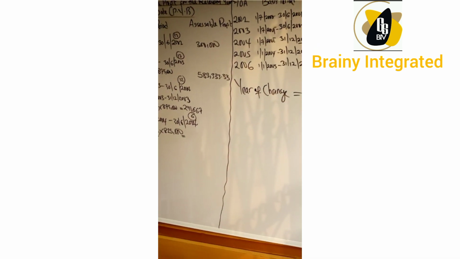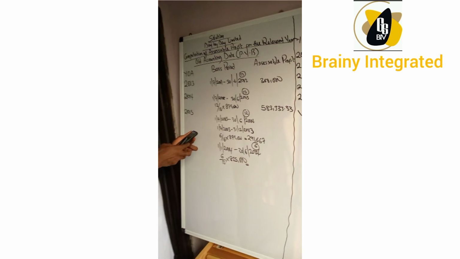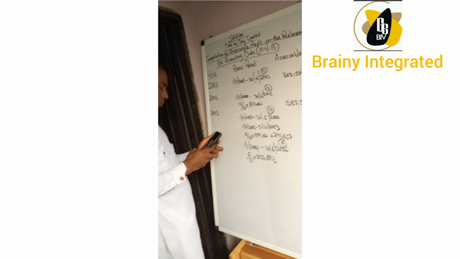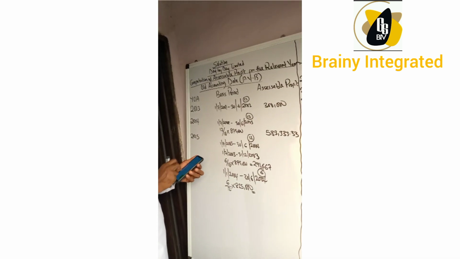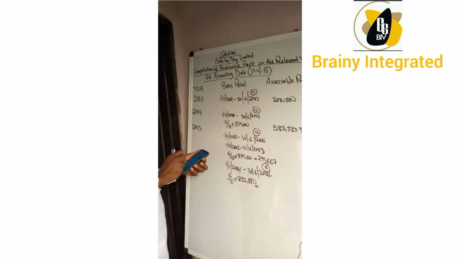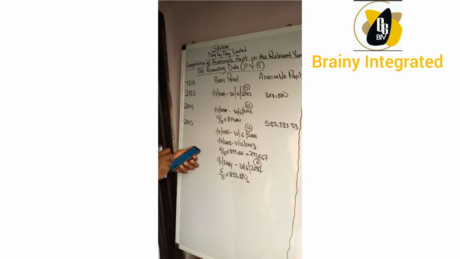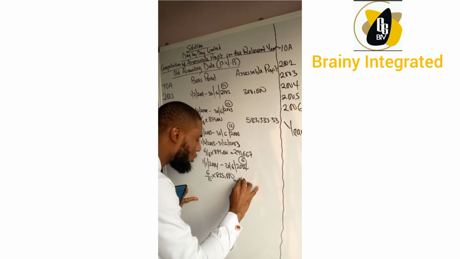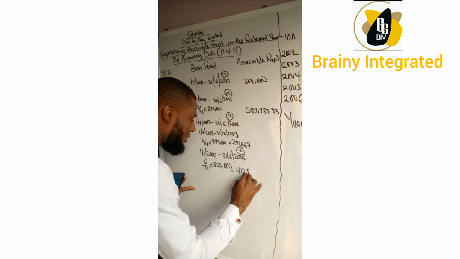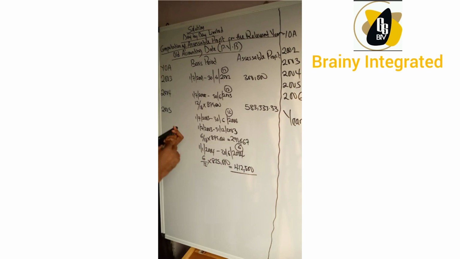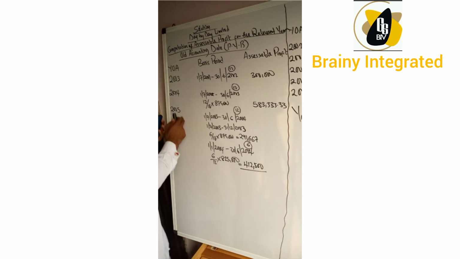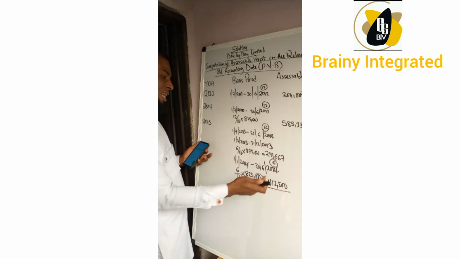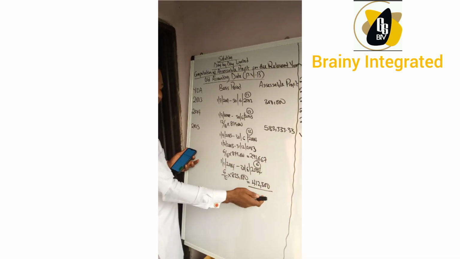So that's half of it, right? 6 divided by 12 times 825,000 will give us 412,500.